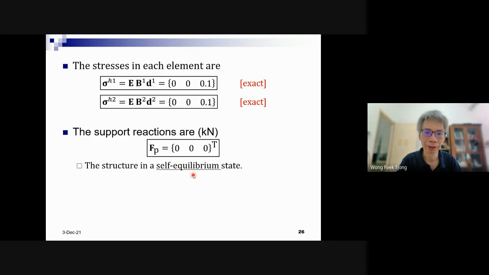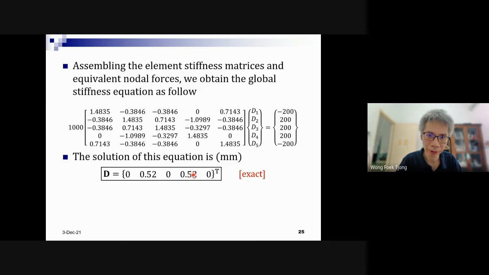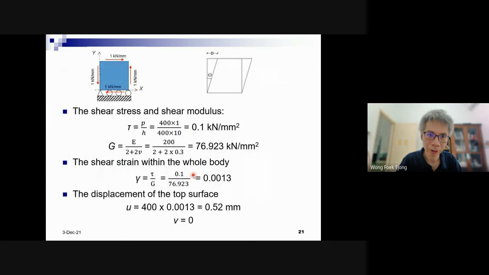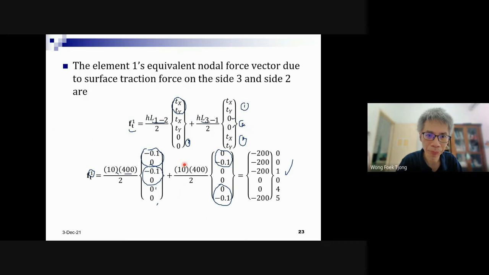Okay, and this is exact, because here we can guess that the support reaction is 0 because the structure is already in self-equilibrium. Actually, these supports are just needed for analysis, because without supports, there will be rigid body motion and we cannot perform finite element analysis.